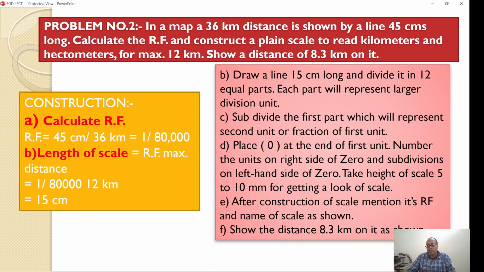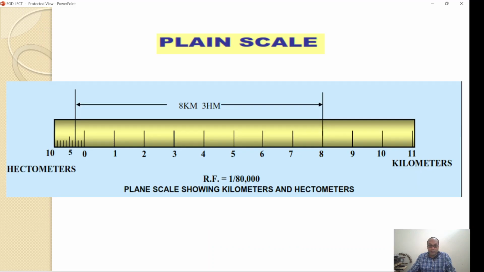After calculating the length of the scale, the procedure to draw the scale is, let's go directly to the figure. So this is the figure. You have to draw a line equal to 15 centimeter, and then divide this line into how many parts? 12 equal parts.